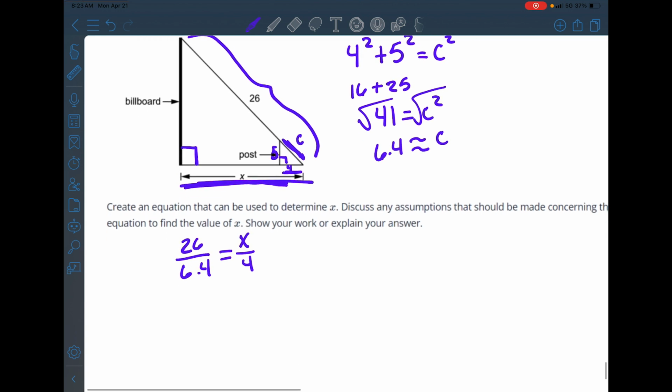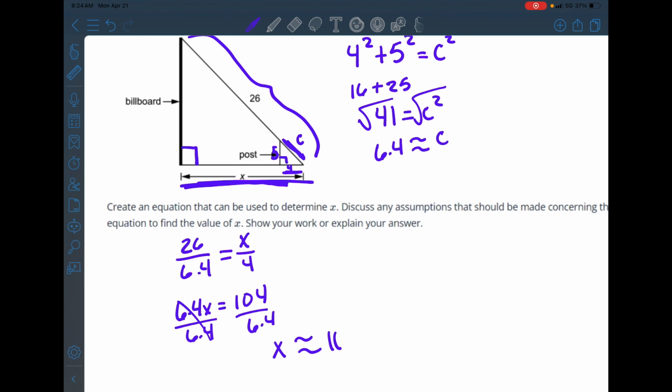So when I multiply these out, I get 6.4x equals 104. I'm going to divide this by 6.4. Okay, so x is about 16.25 feet.